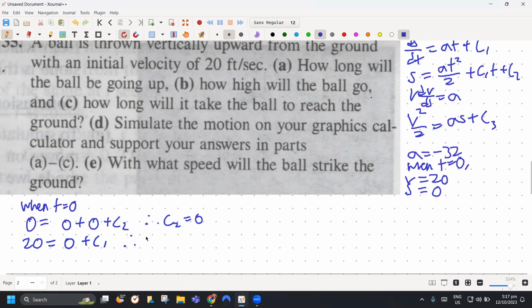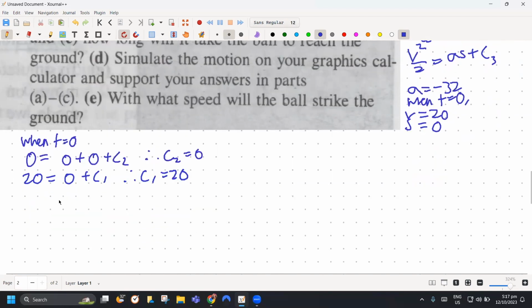So c3 is very straightforward; you see the constant right away. 20 squared is 400, over 2 is 200. So we have s equals negative 16 t squared plus 20t.